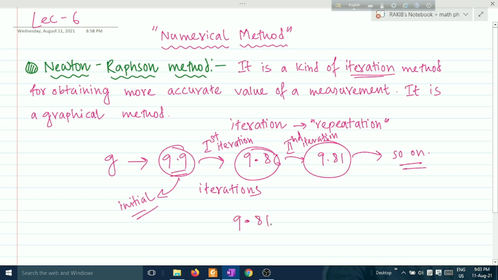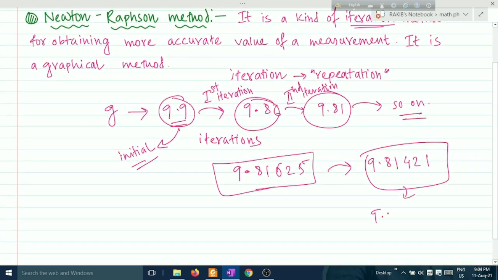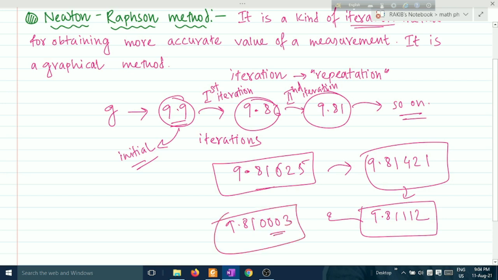You may fix on 9.81, but in the next places it will come as 625, then with another iteration 9.81421, then another iteration 9.81112, and so on. There is no final result in this case, because it will go on, say 9.810003.